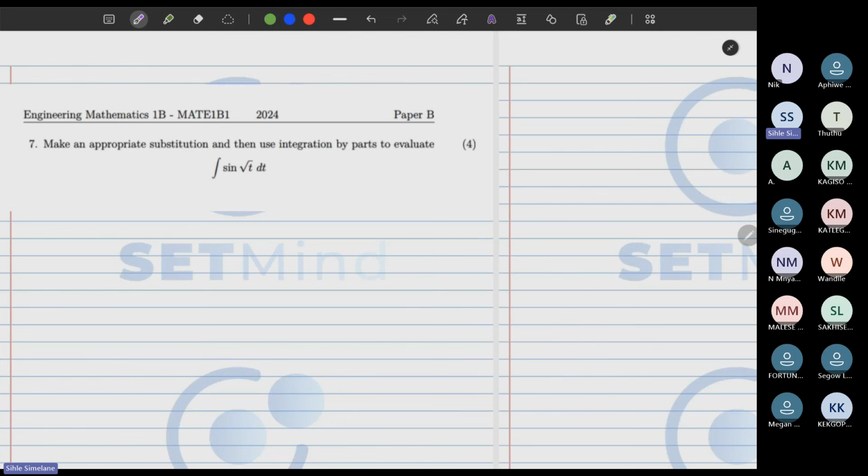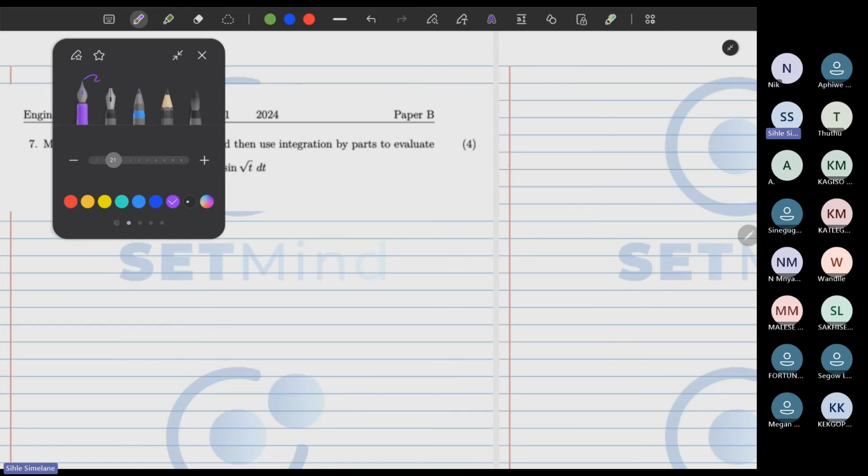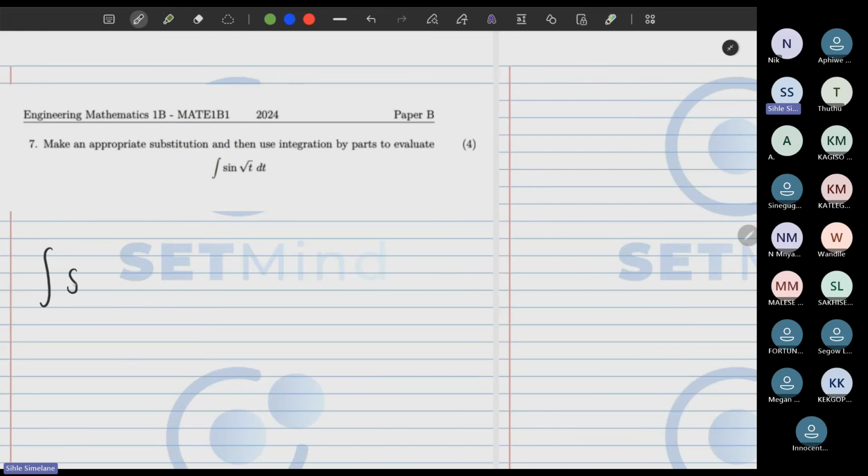So what do you guys think is the best substitution here? Because we can clearly see that we have no problem integrating sine. The issue is the square root. That is where our problem is.